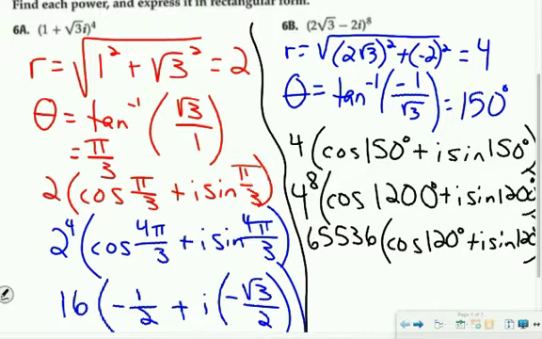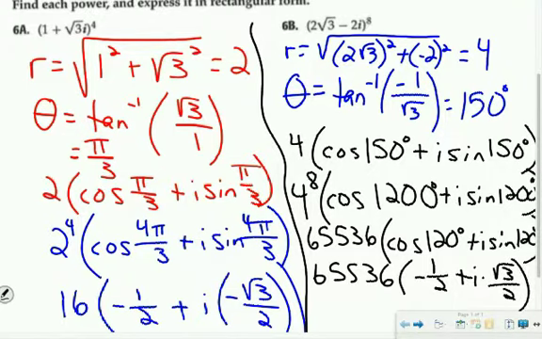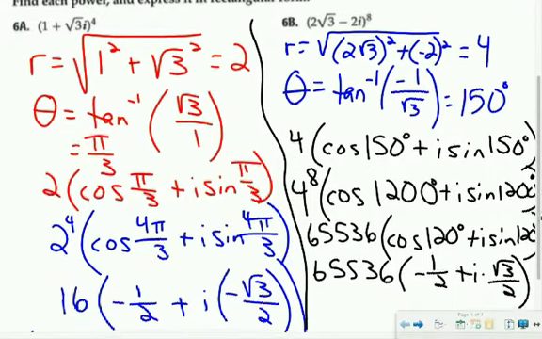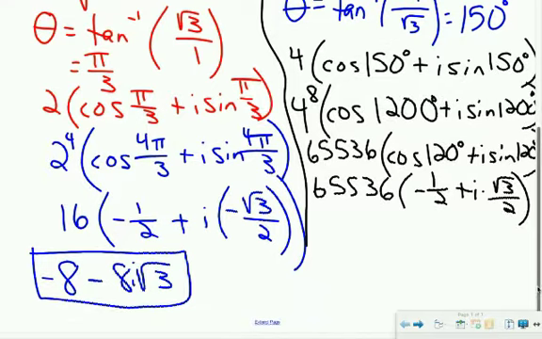So the cosine of 120 is -1/2. So 65,536 times -1/2 plus I times the sine of 120, which is radical 3/2. And then finally, when I distribute, I'll have my answer in rectangular form.